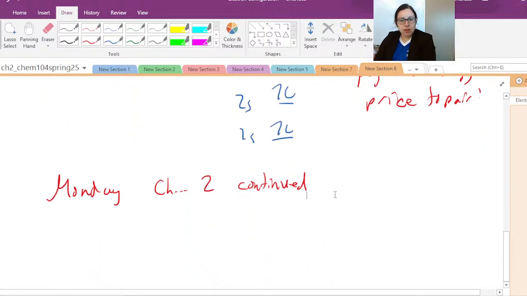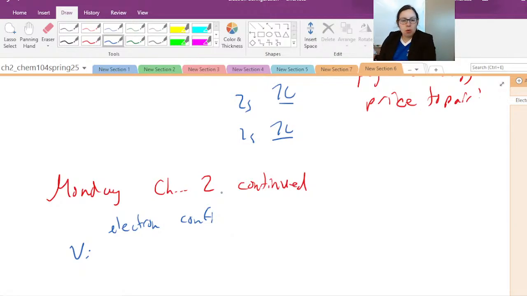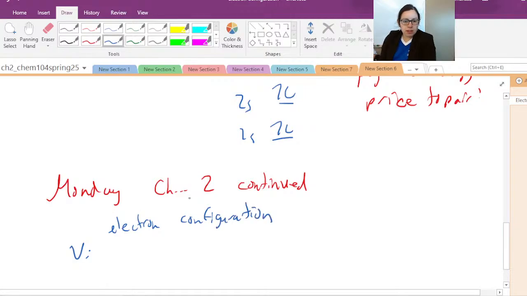And so let's look at vanadium and its electron configuration. And then, like I may have mentioned, we're not going to do Lewis dot structures of transition metals. I'm just not going to ask that. We're not going to worry about that. But we should at least kind of know the electron configuration.